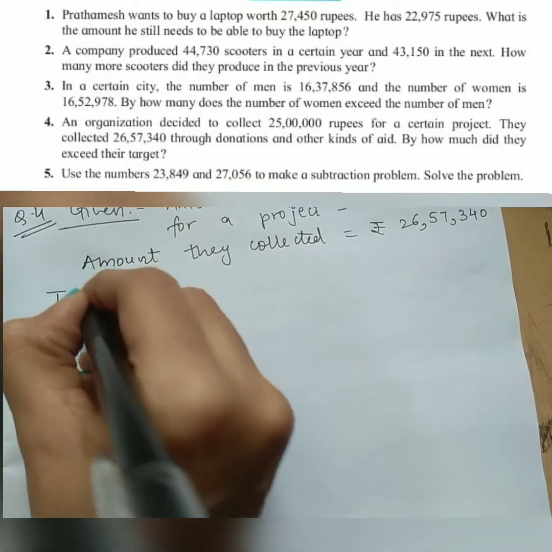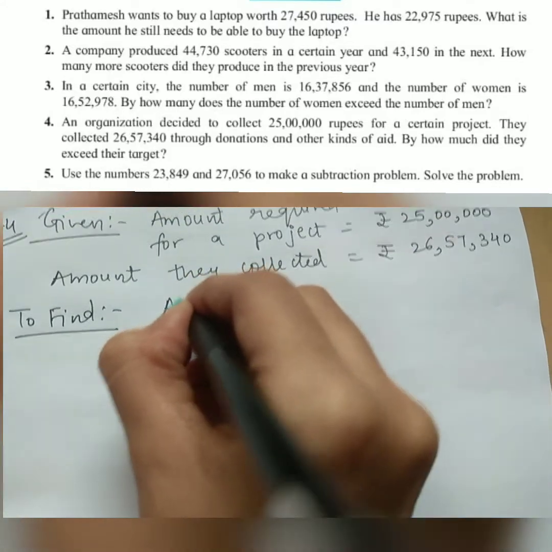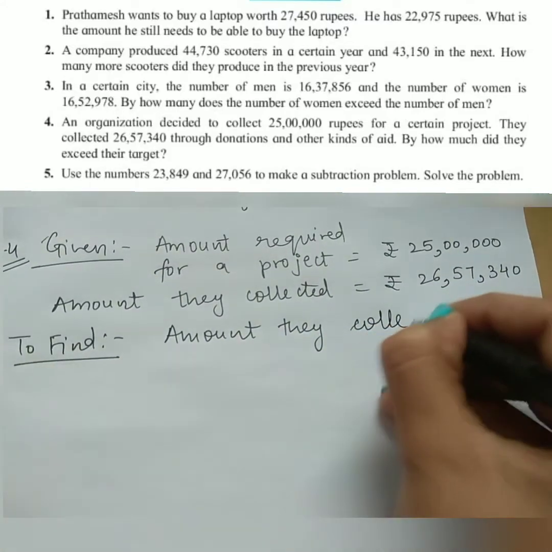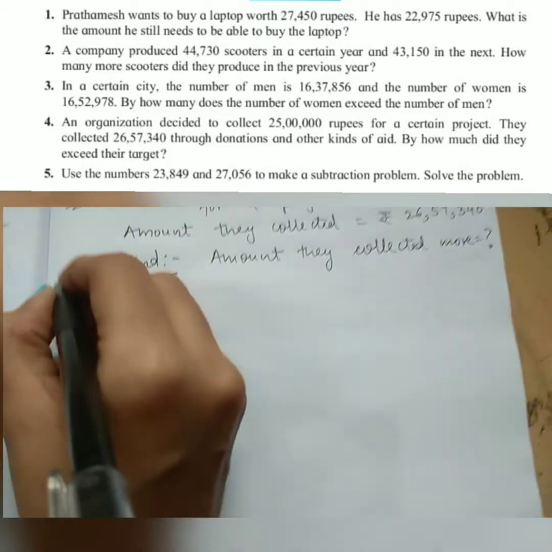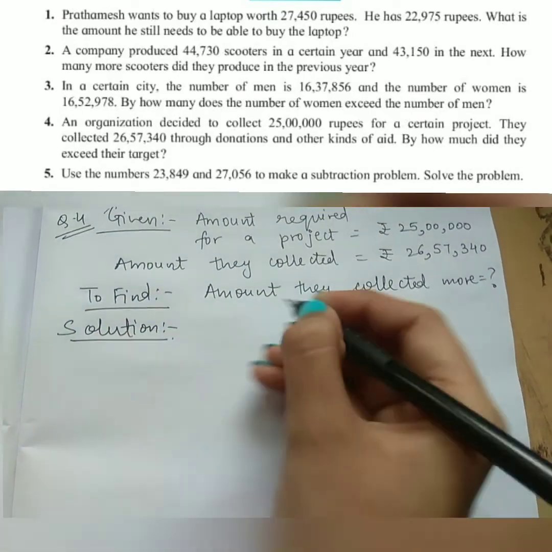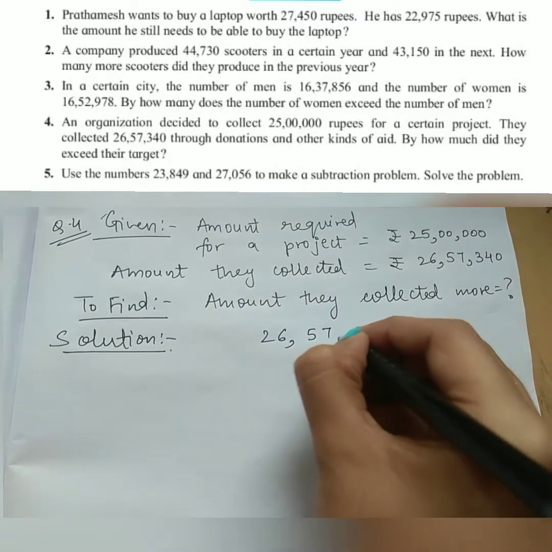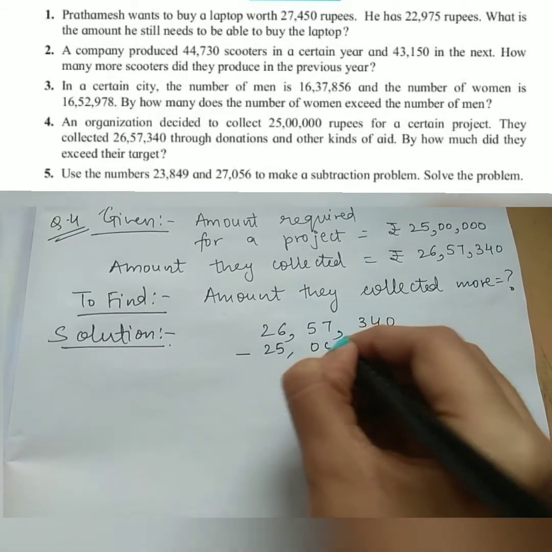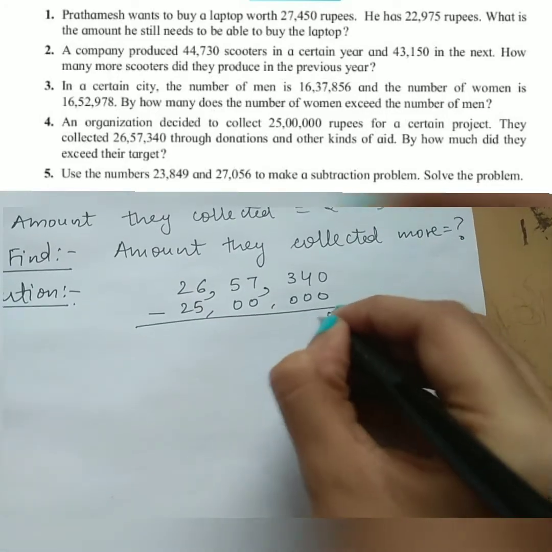So to find amount they collected more. So how we will find that? By subtraction. Yes, bigger number above. It's very easy subtraction.